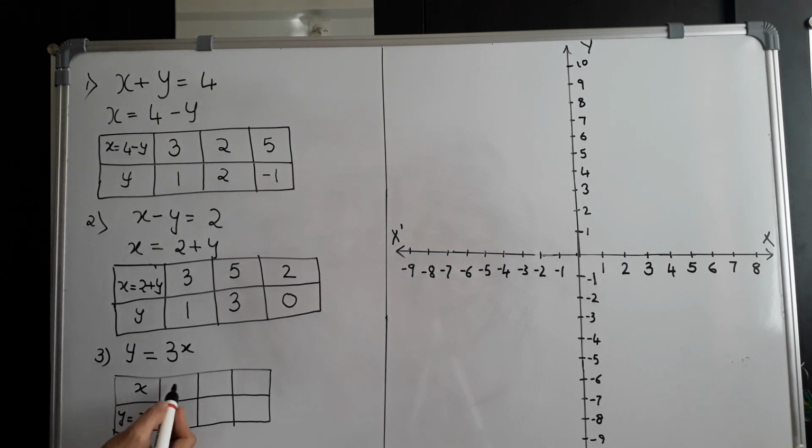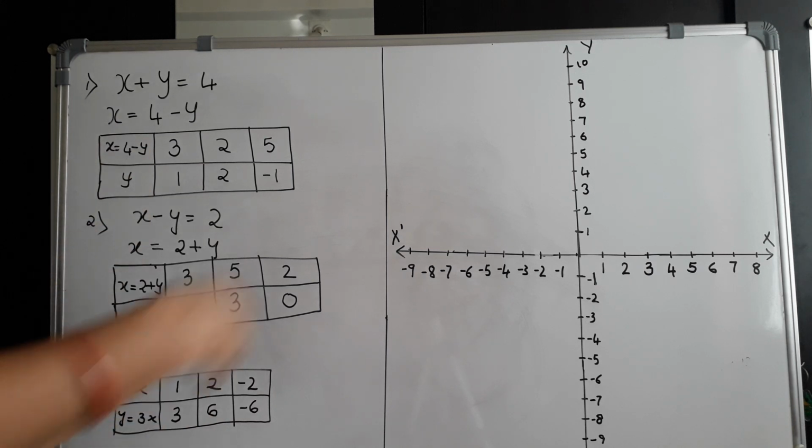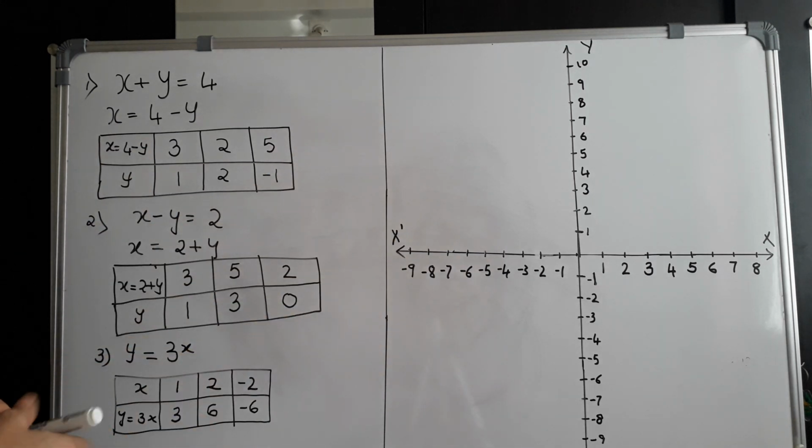So if we take x as 1, we will get y as 3 ones are 3. If we take x as 2, then we get y as 3 twos are 6. And suppose we take x as minus 2, then we get y as 3 multiplied by minus 2, which is minus 6.